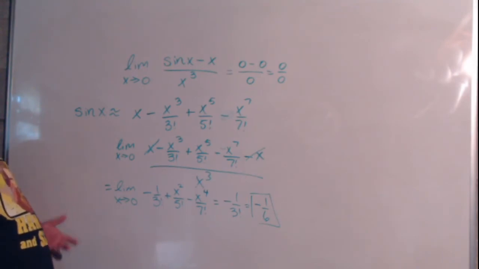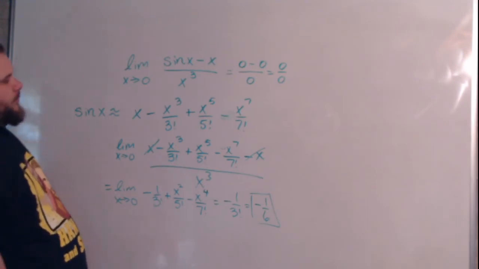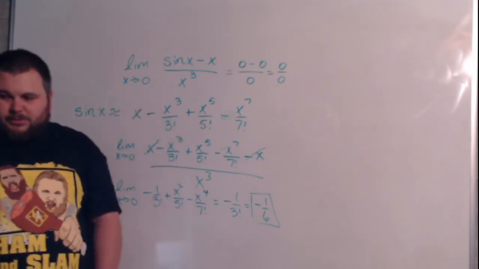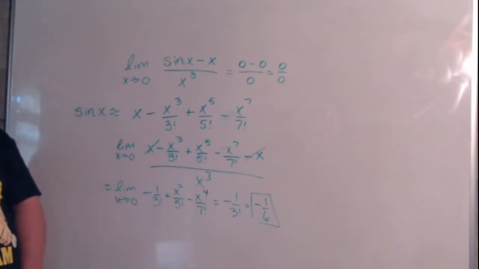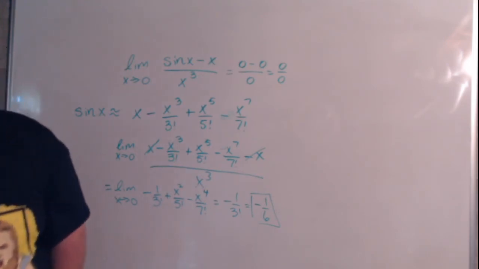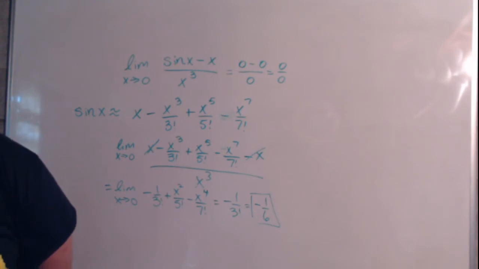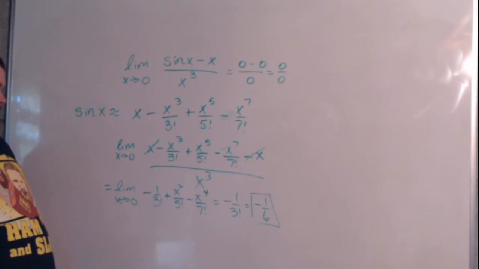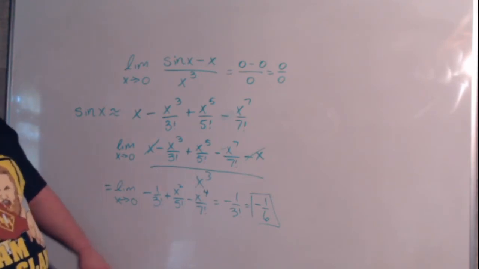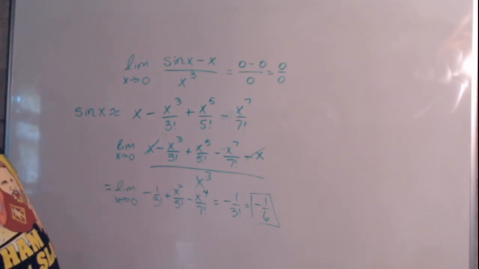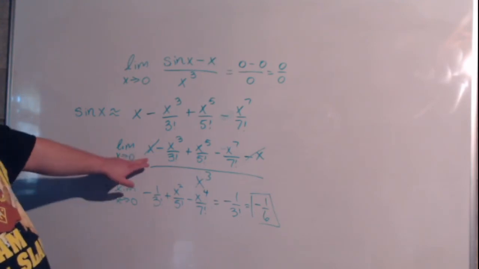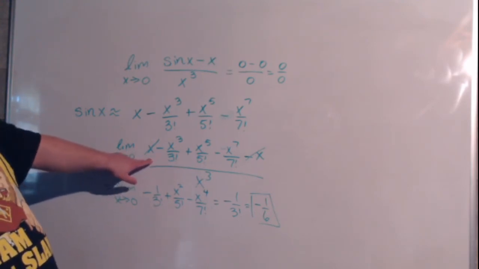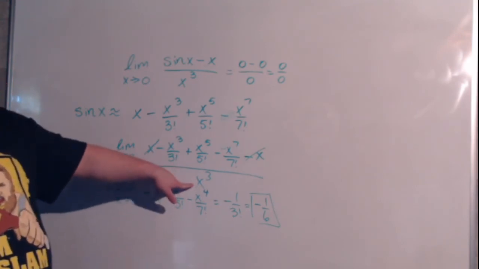So my next question is, how did I know that I didn't need more than 4 terms? The way that I know that is I noticed that I was going to divide everything by x cubed.